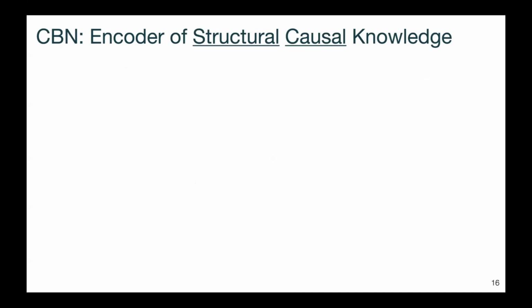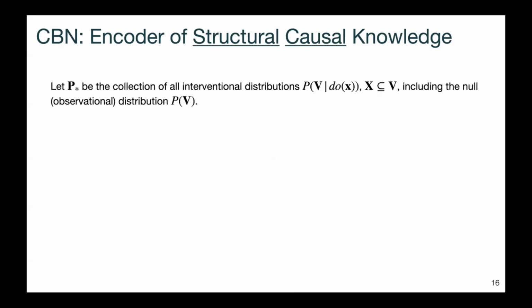All right. So a causal Bayesian network is an encoder of structural causal knowledge, in contrast to Bayesian networks, which are encoders of conditional independencies. Yesterday we saw that factorization is implied, which is the factorization by the parents or by the extended parents. Here we have something more powerful, because if you know that this is a causal Bayesian network, then we can even factorize the interventional probability, not only the observational probability.